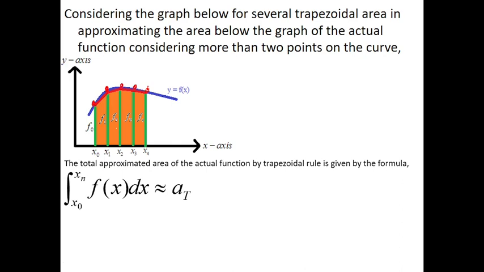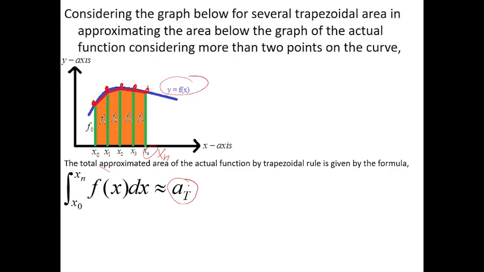We integrate the function from x sub 0 to x sub n. In this case, this is x sub n, which is x sub 4. So it is approximated using the trapezoidal rule formula. So this is the actual area below the graph of this function y equals f of x.